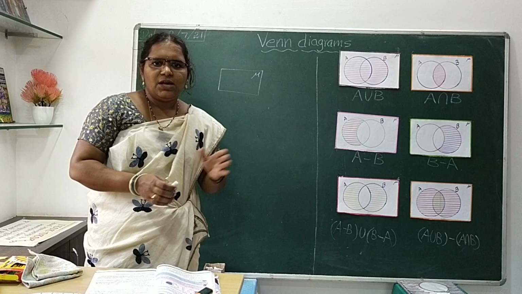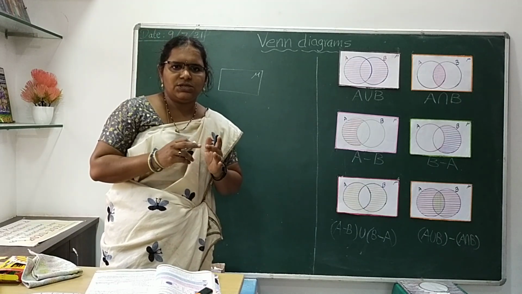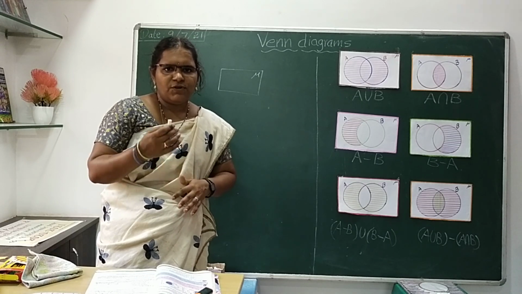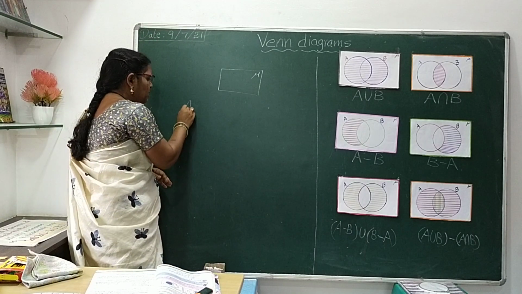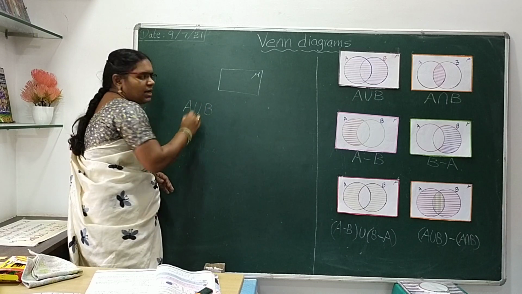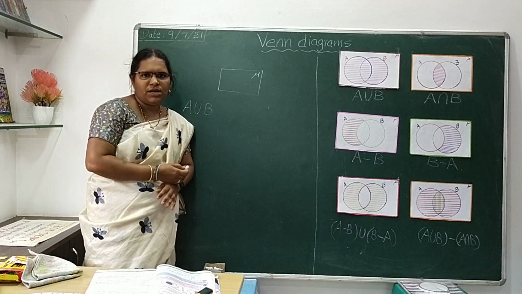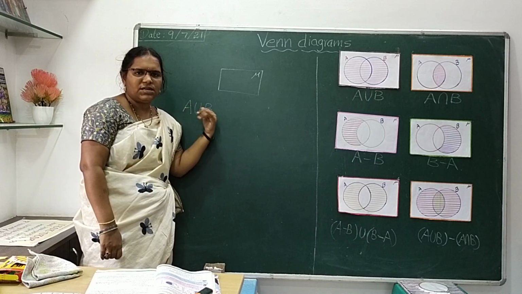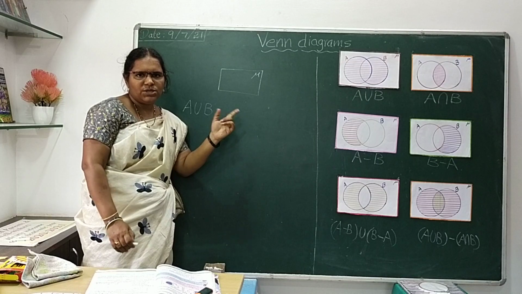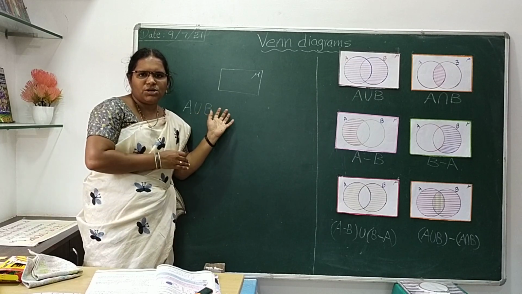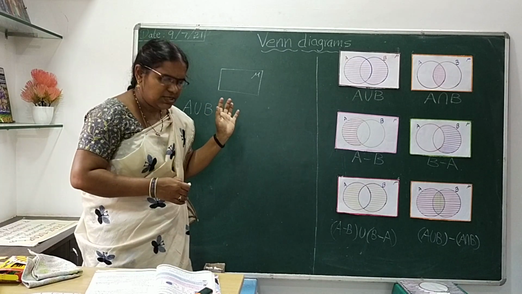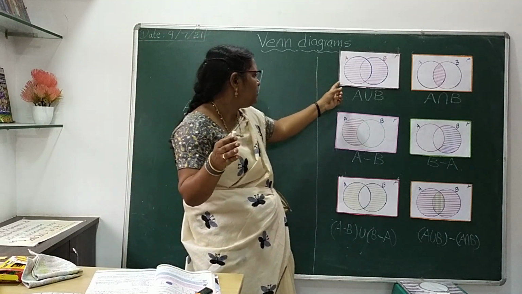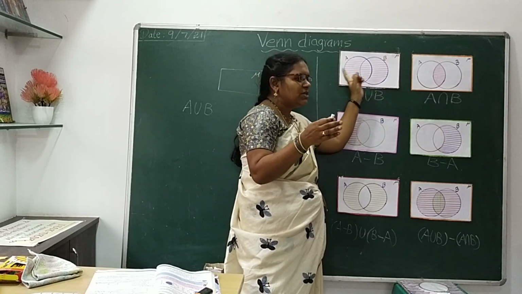Now let us see the operations we did, union, intersection and subtraction, and how we denote them in Venn diagrams. First one is A union B. A union B means A and B together. Sets are denoted by circles. A is one circle, B is the second circle. All the elements of A and B together means two circles fully shaded.